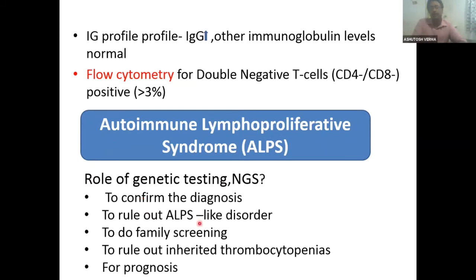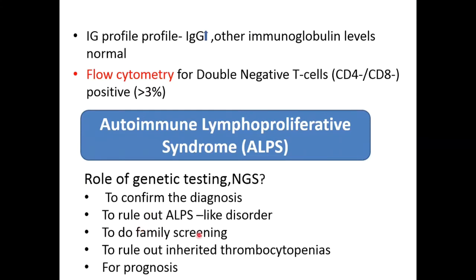And to rule out other ALPS-like disorders, which may present with the same clinical features just like ALPS, but the mutations are different. ALPS-like disorders have mutations in CTLA4, LRBA or FADD. So these are quite different from the mutations you get in ALPS. So to rule out these, we have to do the genetic testing.